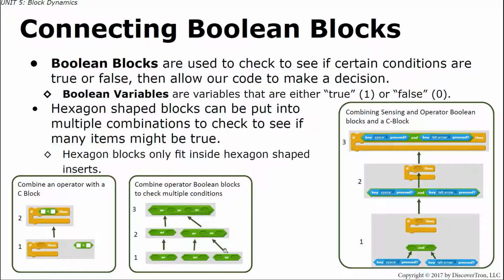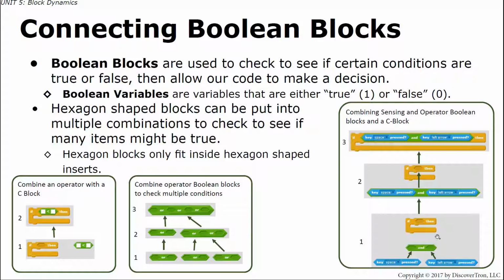And over here in these examples, we're actually taking 3 or hexagon blocks and connecting them to each other to make a long logical Boolean block that checks 1, 2, 3, 4 conditions to see if any of those are true. Now, let's not worry about the details of what would go inside there. Let's be more focused on the fact that I can take all these green blocks and combine them together.